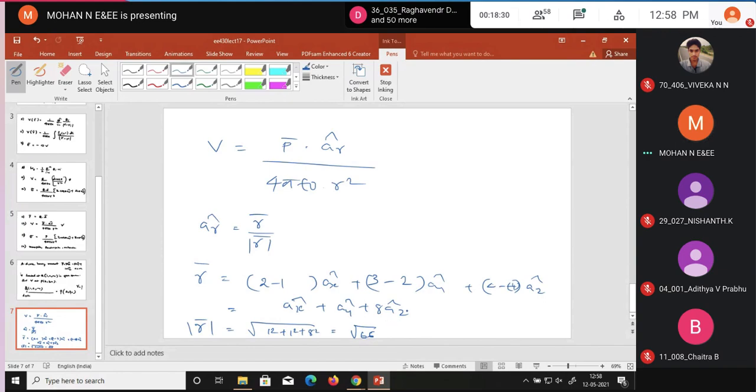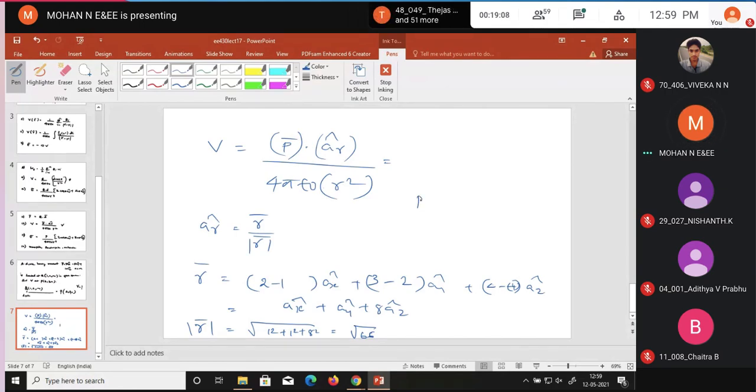Yes. So now you can find a_r cap. You have found out r square. You are given the P vector, that is the dipole moment. Substitute the values and get me the answer. Solve for it. I'll just leave this slide for you.